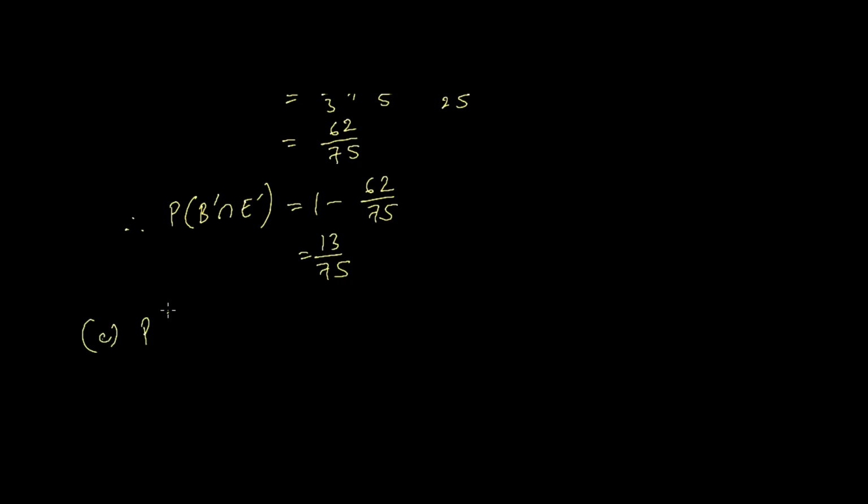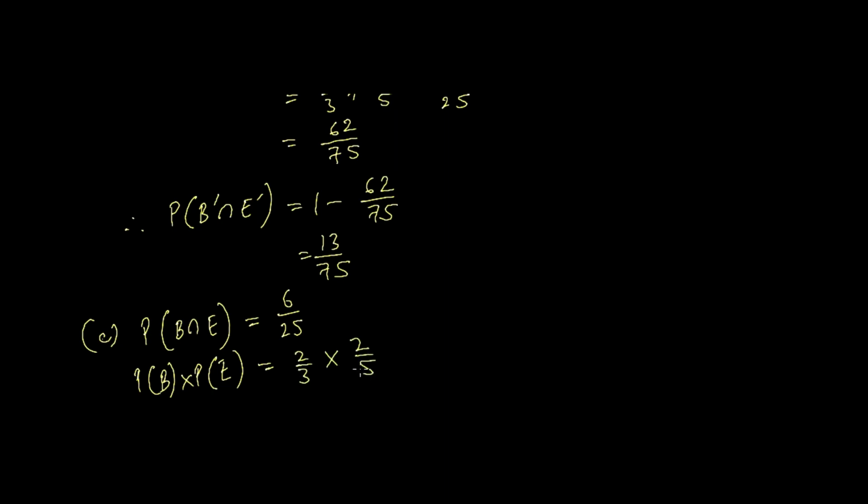So probability of B intersection E, this intersection is 6 by 25, we already know. So probability of B multiplied by probability of E: probability of B is 2 by 3 multiplied by probability of E, which is 2 by 5. If you multiply, 2 times 2 is 4, by 15.